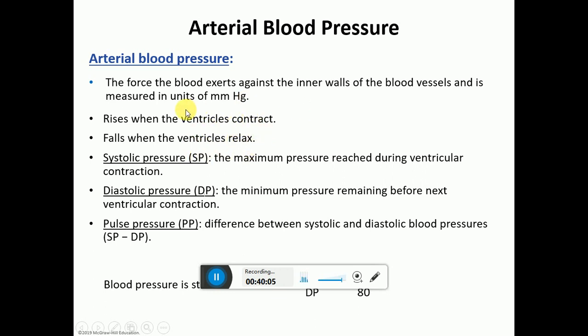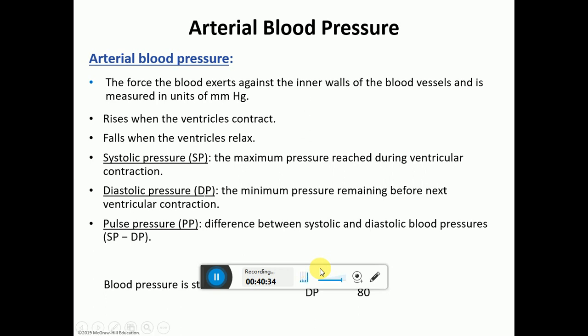The maximal pressure that happens during ventricular contraction is known as the systolic blood pressure, while the minimum pressure that remains during ventricular diastole is known as the diastolic blood pressure. Sorry, you cannot see it because of this, but hopefully you can see it on your own slides.